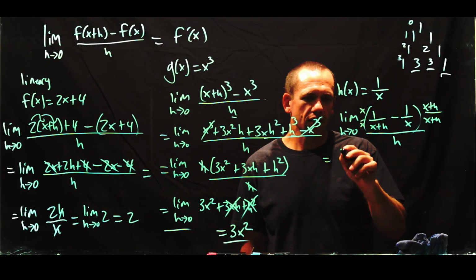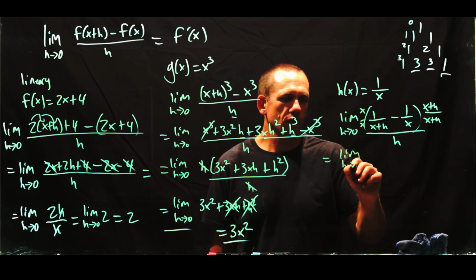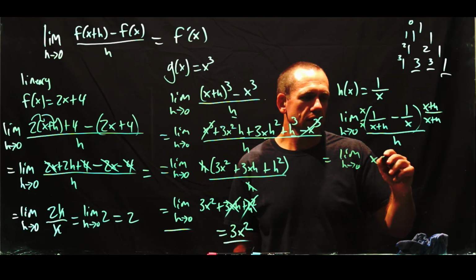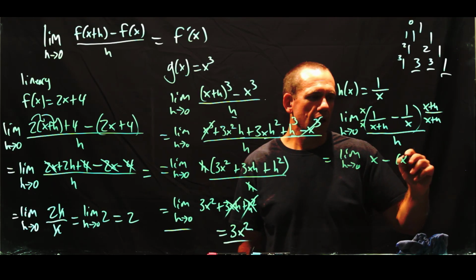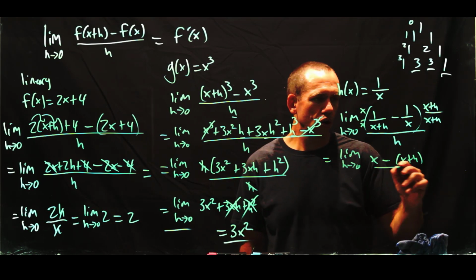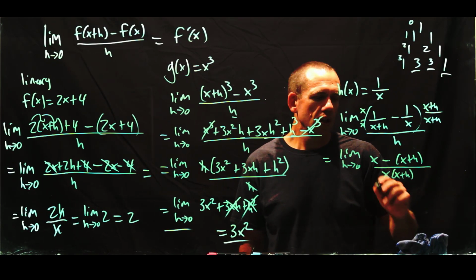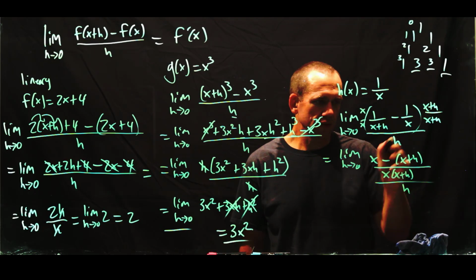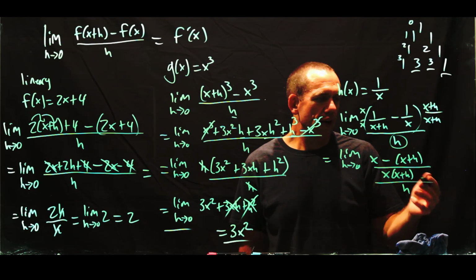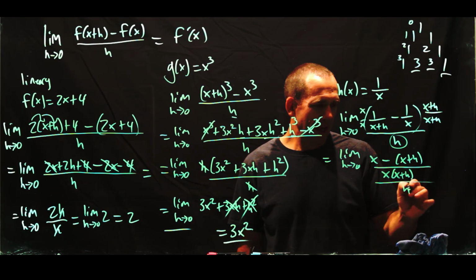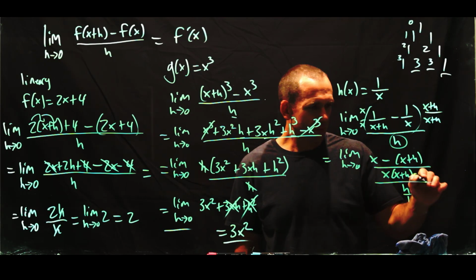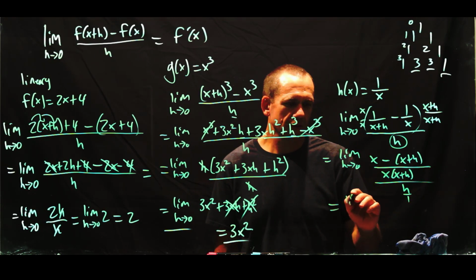And that gets us the limit as h goes to 0 of x minus x plus h all over x times x plus h, all over h still from that one. Well, now we can simplify the top because that's h over 1. We can multiply by the reciprocal, and this is the limit as h goes to 0.